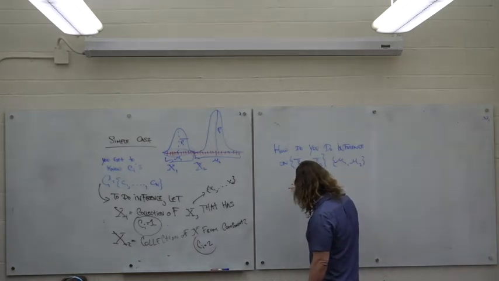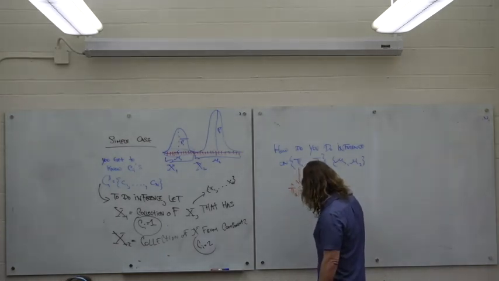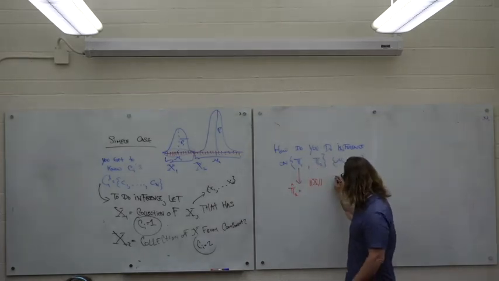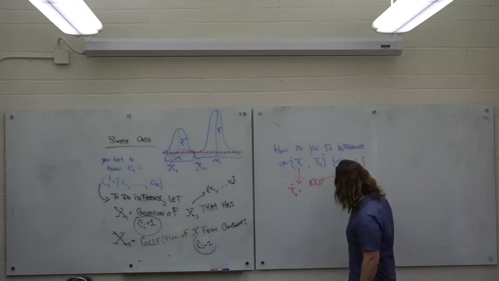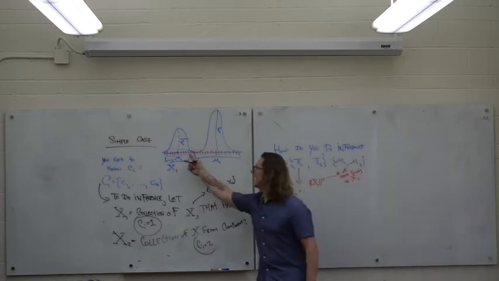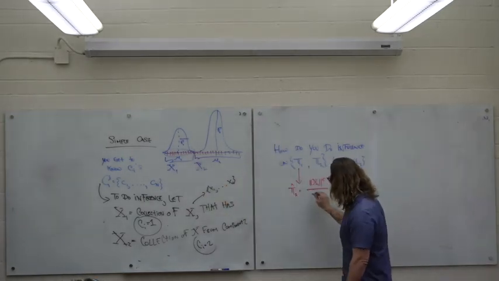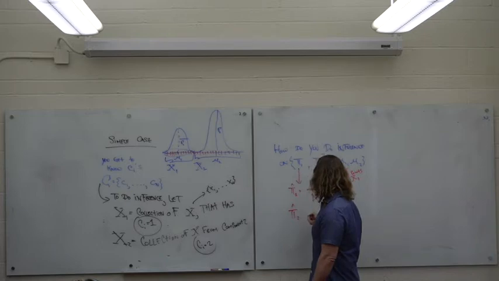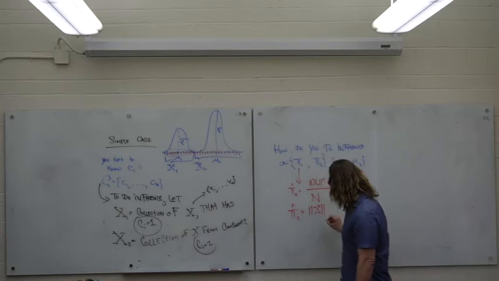This is equal to the size, I'll write it down this way, number of data points in X1. So it's just a count of those things divided by n. So this will be my size of X2 divided by n.